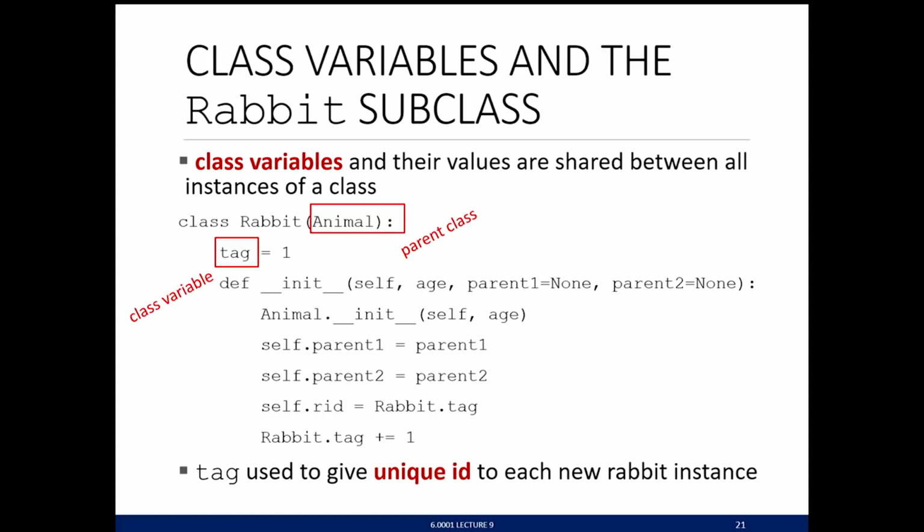And then this is where I'm going to use this class variable. I'm creating this data attribute, an instance variable particular to a specific instance, called RID. And I'm assigning this instance variable to the class variable.